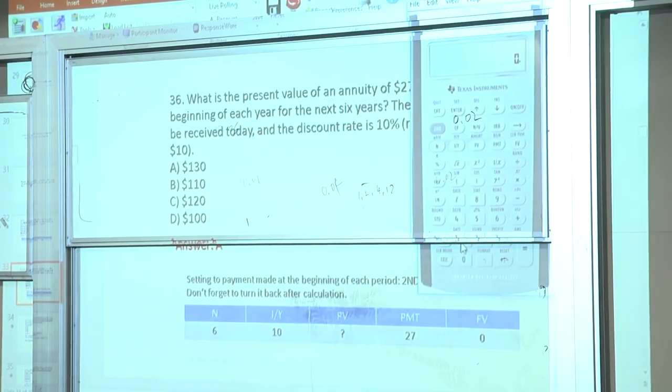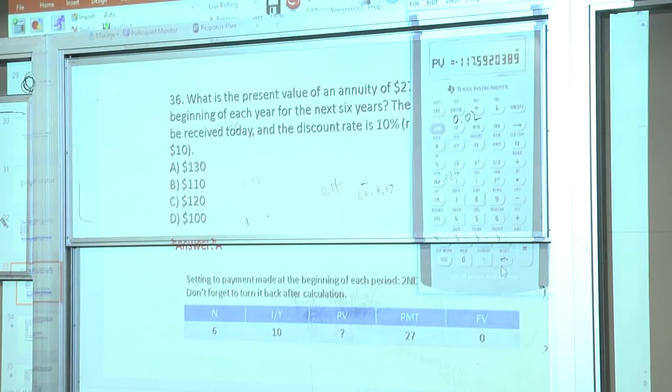So 6 periods, and everything is the same instead of that setting. 10 and 27 and 0. Okay, and we got this.